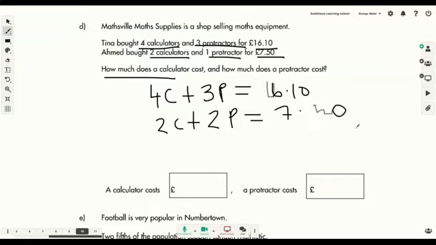So basically they're asking you to find the cost of one, not two.